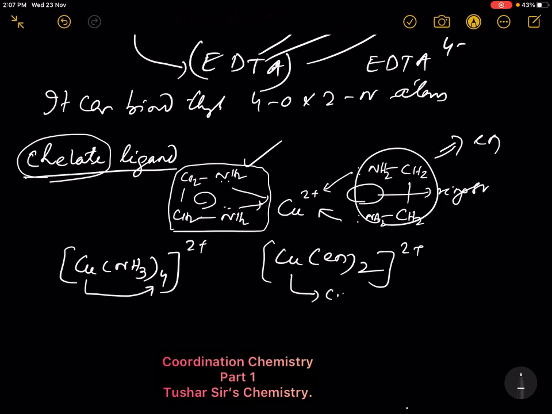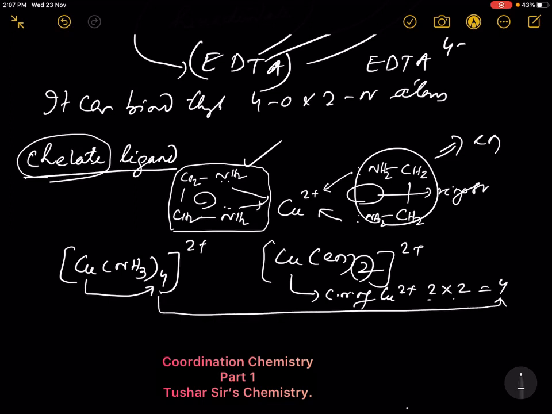So in both cases the coordination number is the same, but it is more stable because of chelating ligands, because of chelate formation.